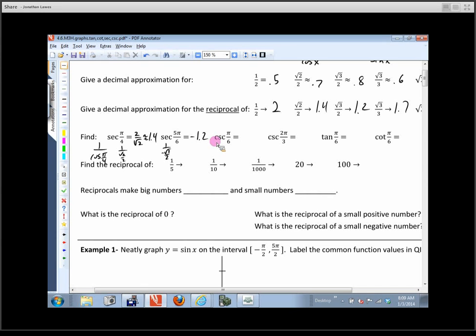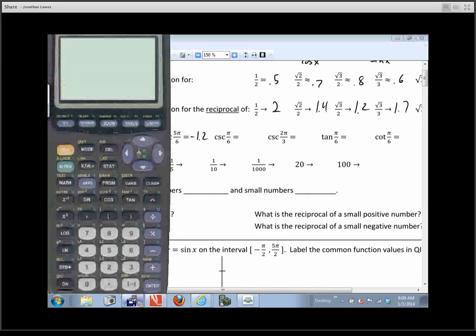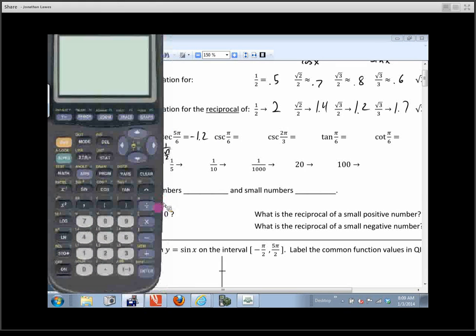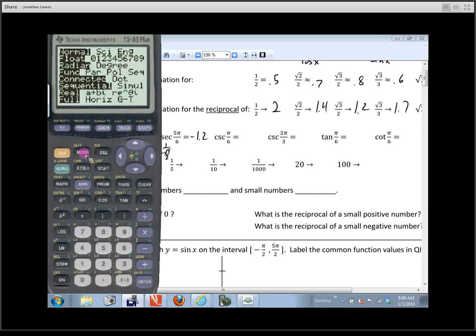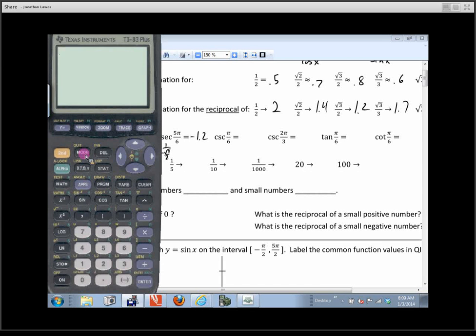Should we check this? Okay. Grab your calculator if we want to check and make sure. What we're trying to find here is the secant of 5 pi 6. I'm going to turn the calculator on, clear this stuff off, make sure I'm in radian mode. Now I don't have a secant button on my calculator, do I?